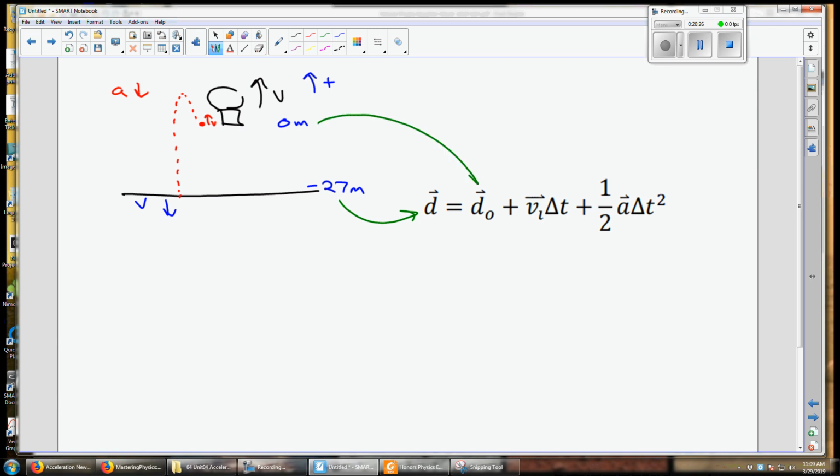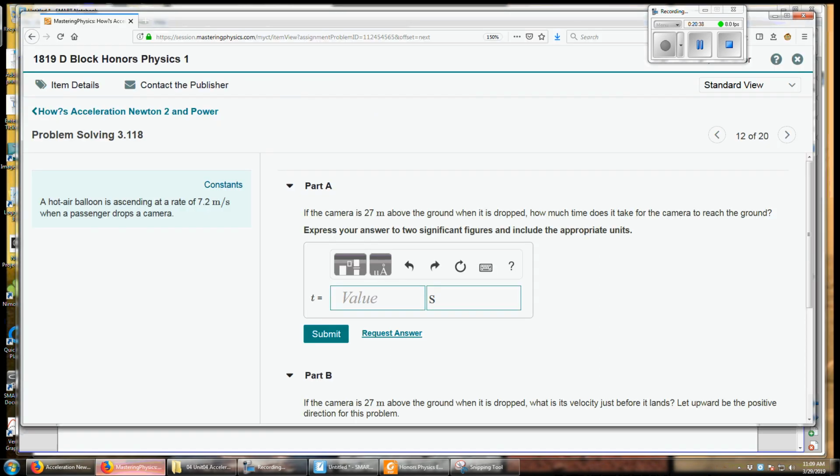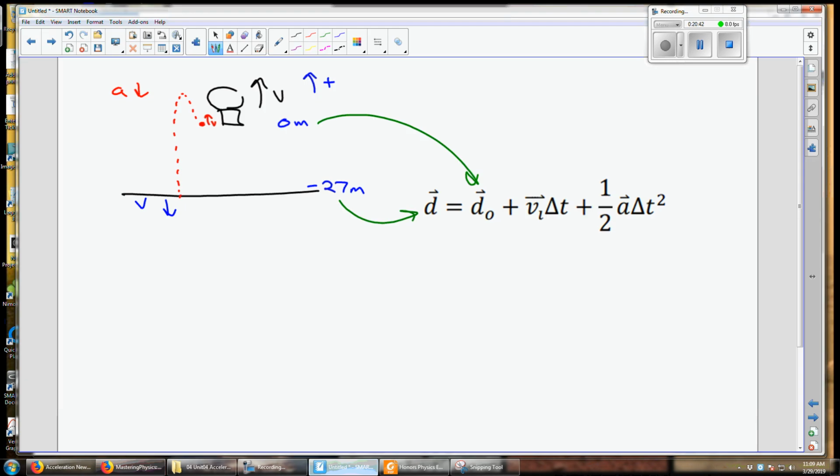I'm going to start up in the air, which I call 0. I started by moving up, right? For me, I moved up at 7.2 meters per second. So this is how I started moving, which for me is 7.2 meters per second.